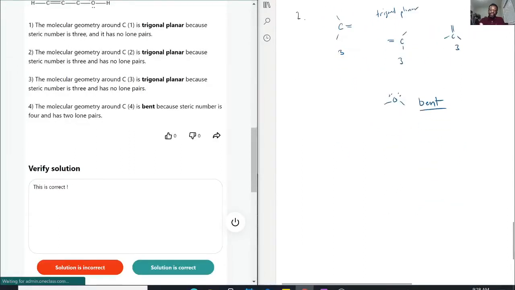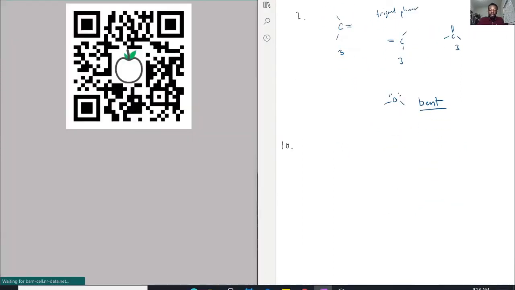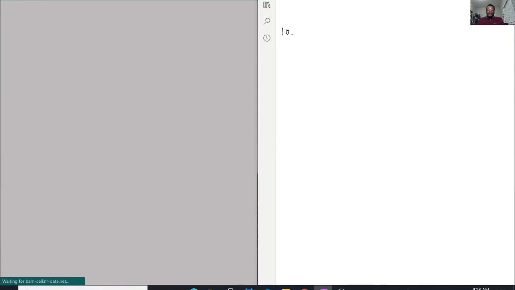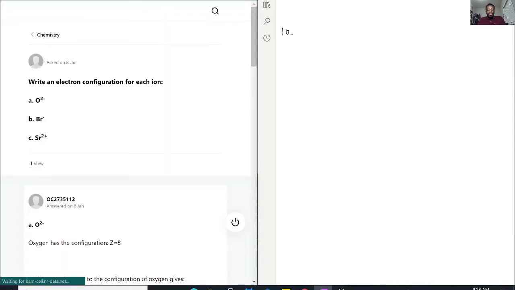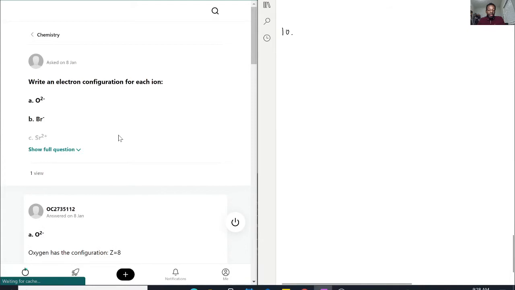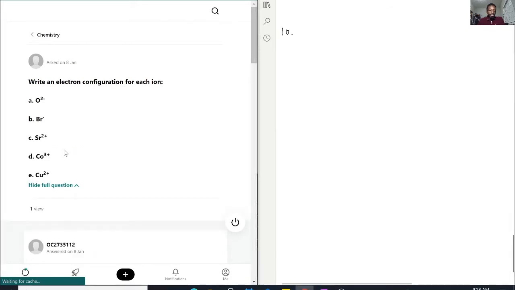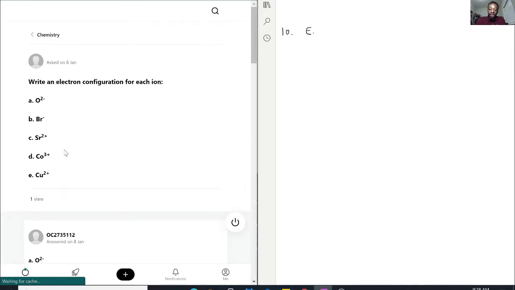Let's move on to question number 10. For this, we have write an electron configuration for each ion, okay? So luckily for us, electron configurations for ions aren't too bad relatively.